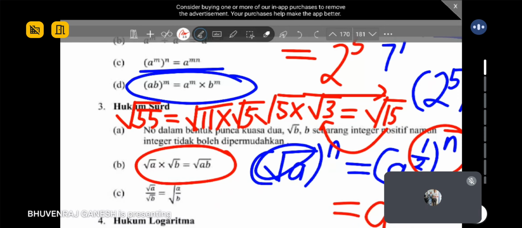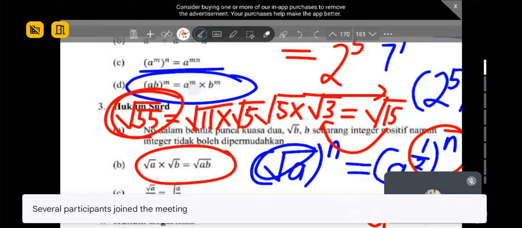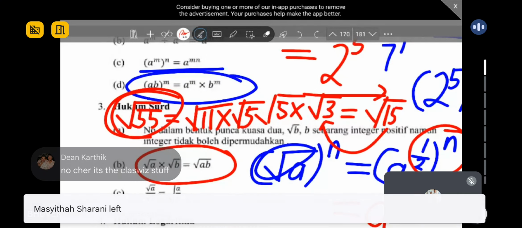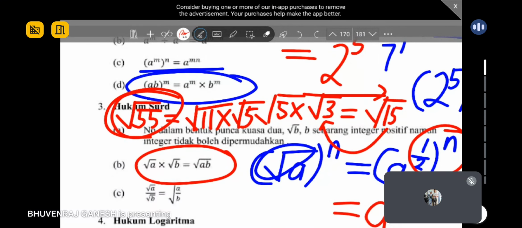55 can use calculator equal then shift. This one you are finding the exact value of square root 55, is that what you are asking? Maybe some calculators, the advanced ones like the ClassWiz, can show you this answer directly.